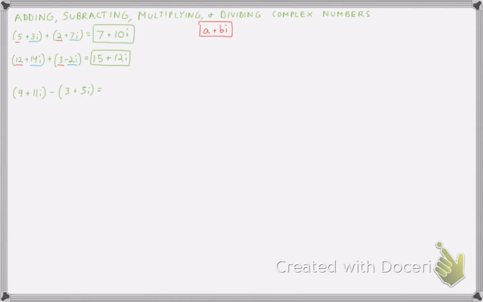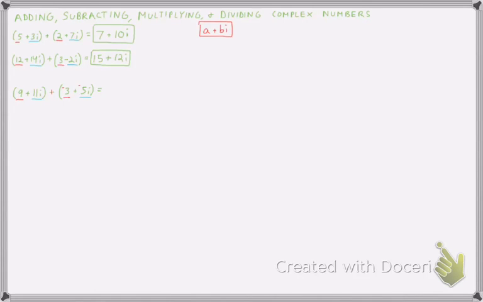Alright, so subtraction works the same. The only thing that we have to remember is that this negative in front of our second parentheses needs to be distributed. So I'll do that right now. We'll make this an addition sign. We'll then put a negative 3 and a negative 5 so we don't forget. Let's underline our real numbers, which is our 9 and our 3, and our imaginary numbers, which is our 11 and our now negative 5i.